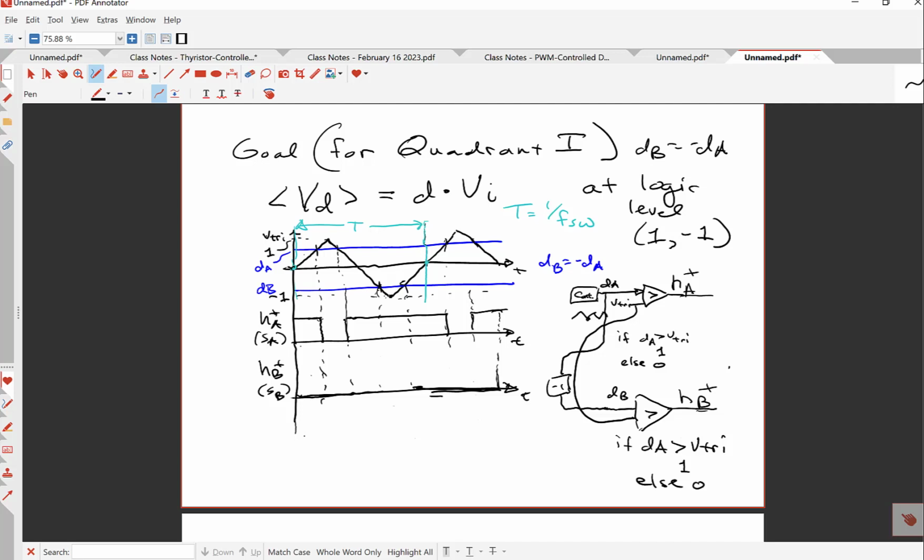So looking again at what's going on here at the beginning, V triangle is higher than D sub B, which is down here. It's negative. So that would mean we would have a 0 coming out of H sub B all the way up until we get to the cross point right here.